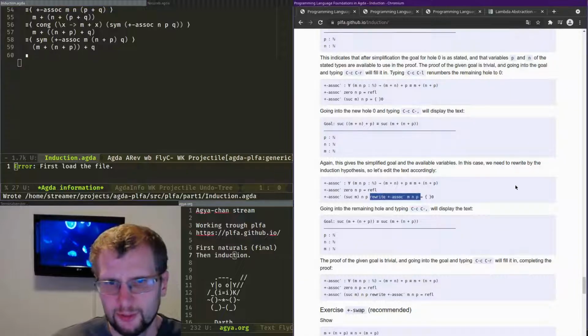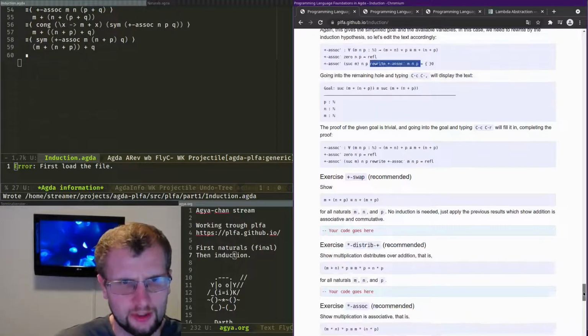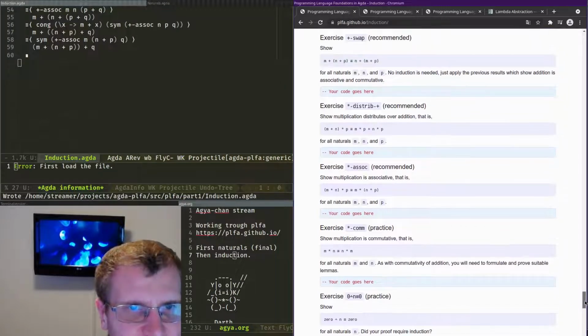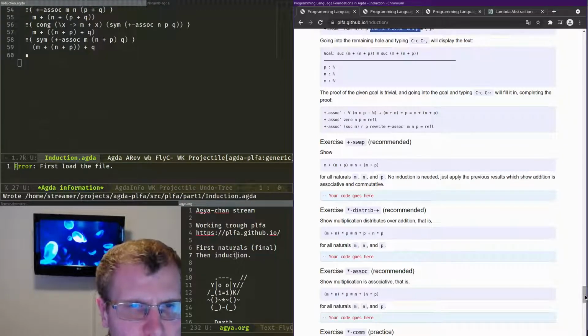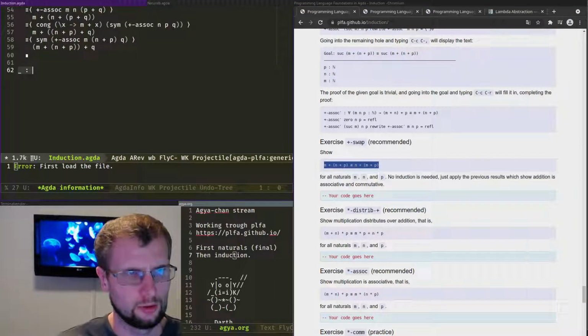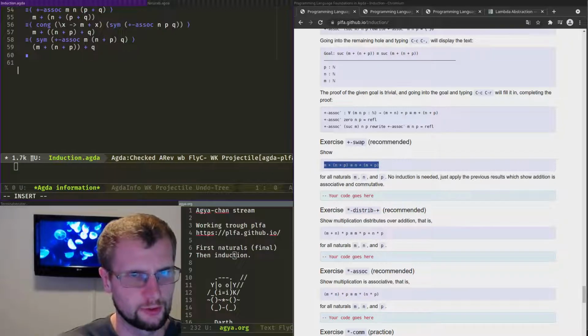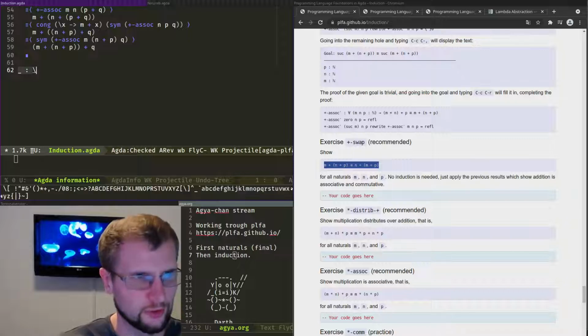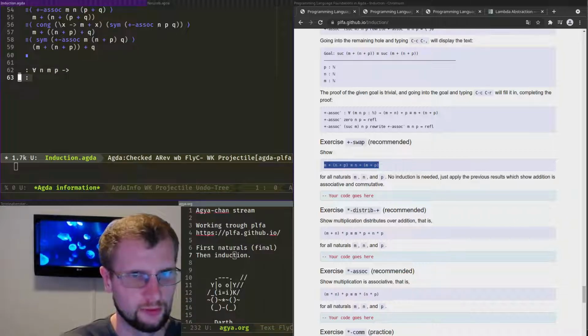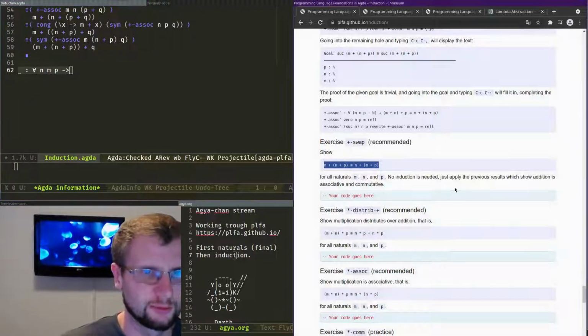It doesn't work. Exercise swap, recommended. Okay, cool, we have a real exercise. Oh, there are so many exercises at the end. Swap: show for all naturals. Well, just load the file first. Yeah, I guess we've got the toolkit to do this. So just do forall n p and put in the entire property.